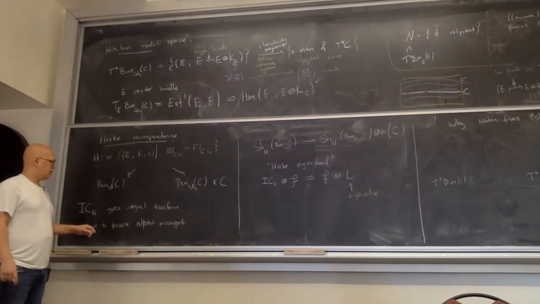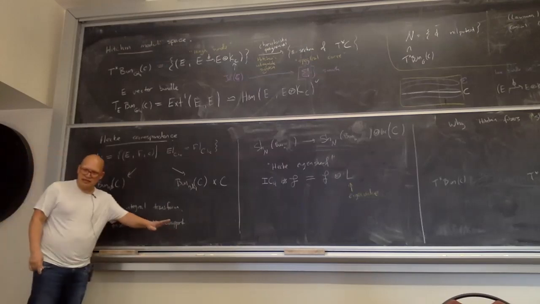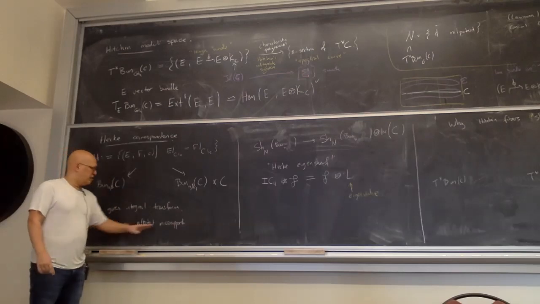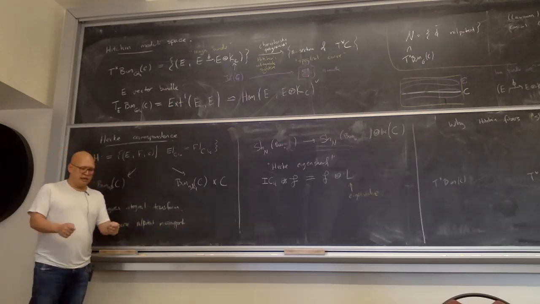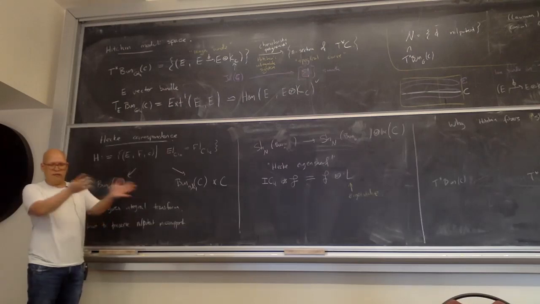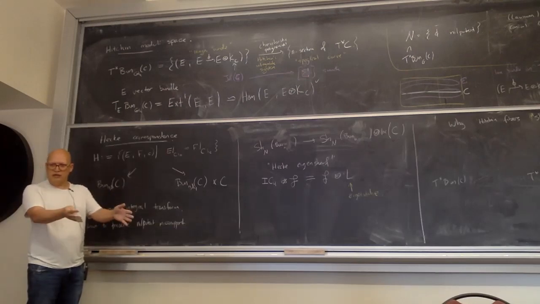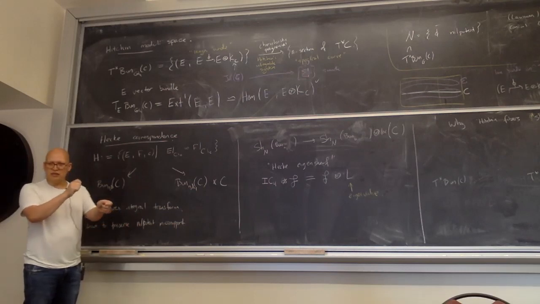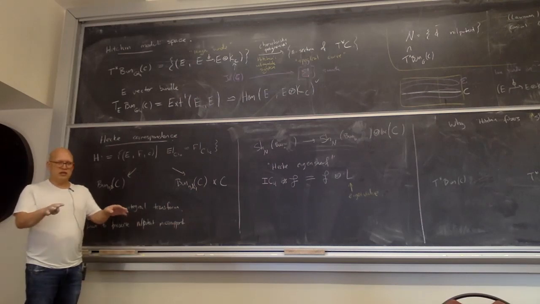What does that say? I haven't told you what microsupport means, so I'll just say. It's also confusing because there are stacks and so on. But the word microsupport means the places in, if you have a manifold and you study sheaves on that manifold, then microsupport is the directions in which the sheaf is changing. So a local system has microsupport only in the zero section.